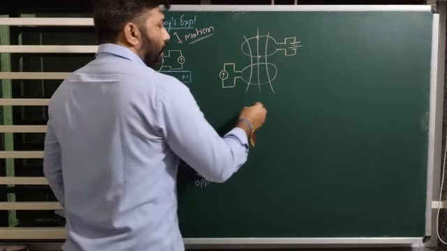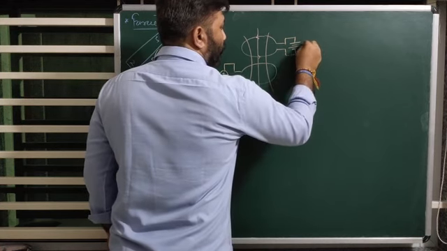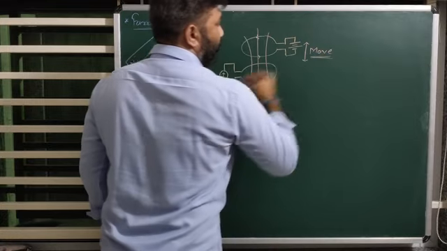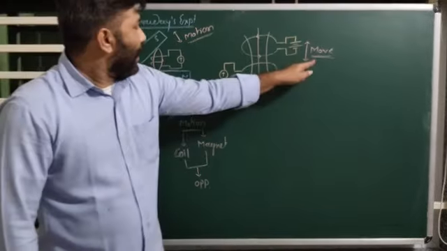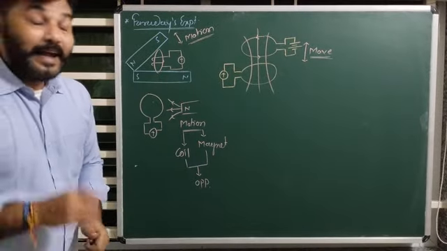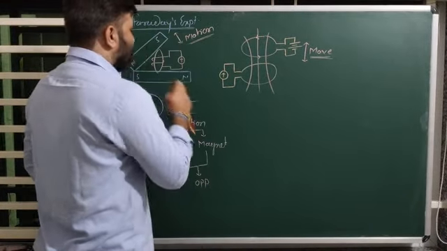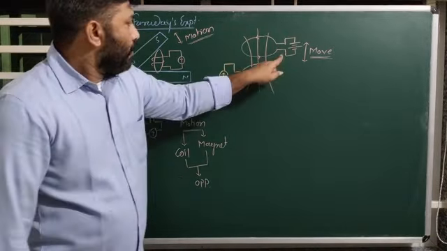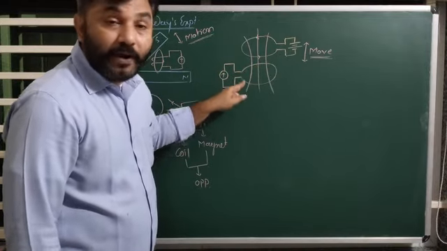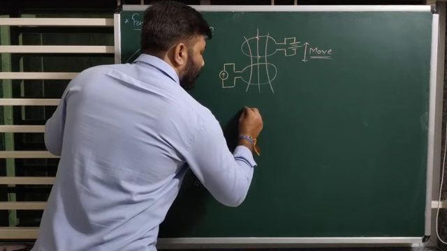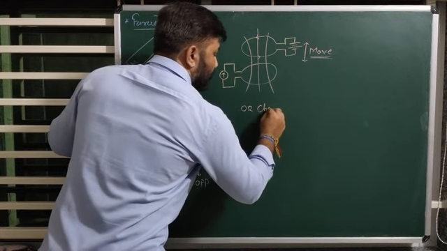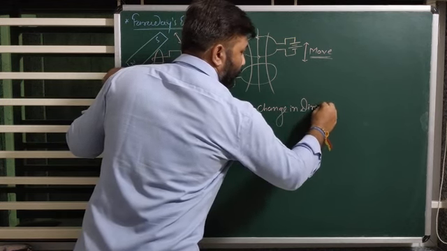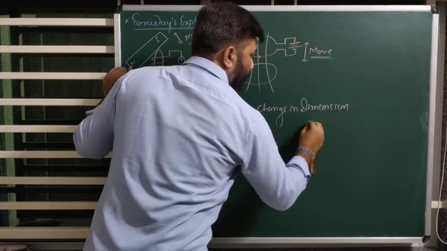And because of that, again, you have to move any one of the coils. Clear? So, again there is the word motion and there is one more thing: either coil or magnet, move any one coil, and there is one more thing, or change in dimension of the coil.